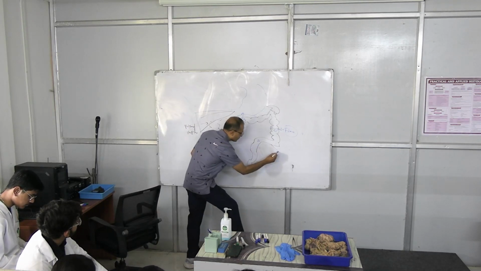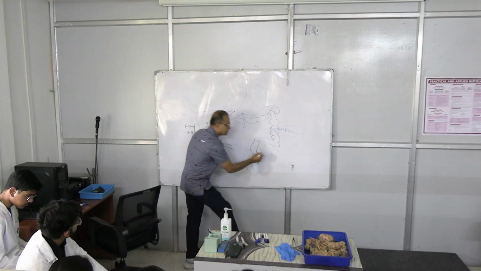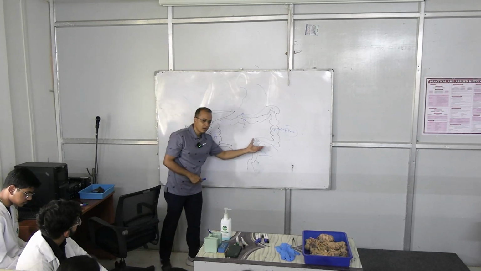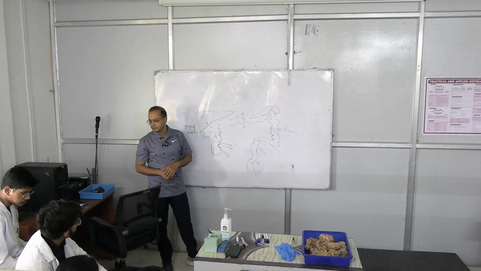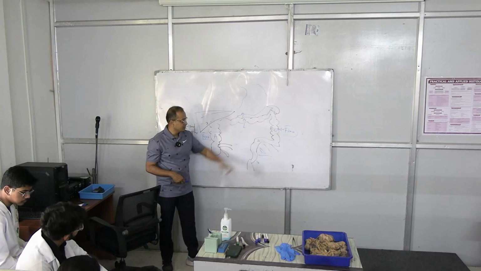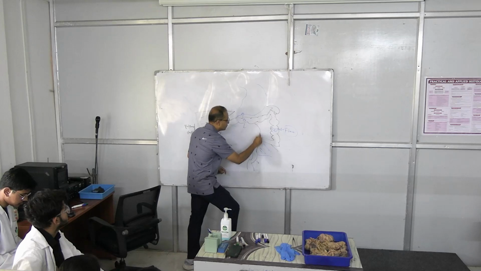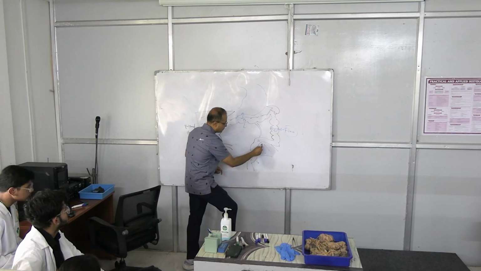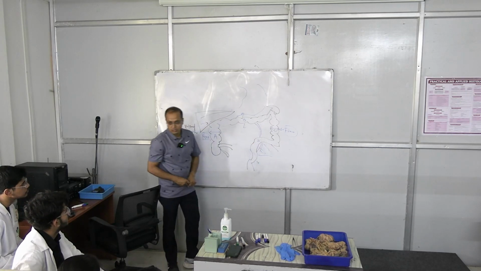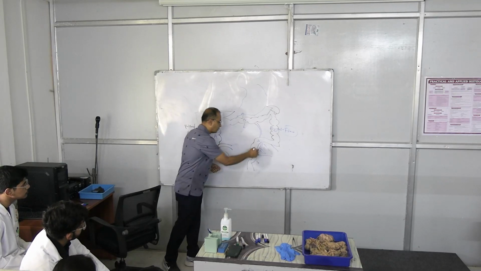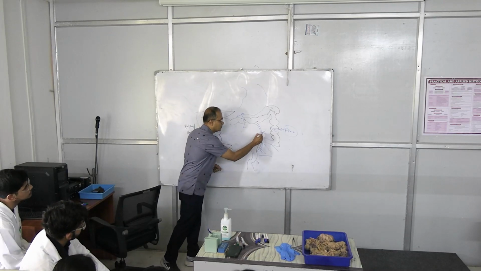Again, the sigmoid colon has a mesentery, which we call the sigmoid mesocolon, so the sigmoid part has mobility as well. Now, the sigmoid colon is related to an organ running retroperitoneally, the ureter, which brings urine from the left kidney down to the urinary bladder.